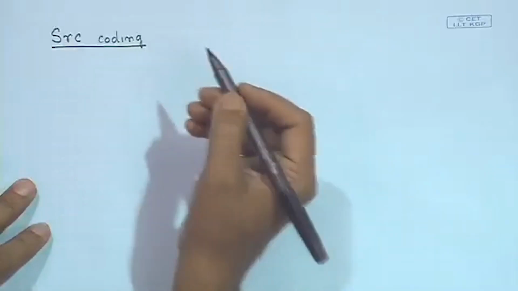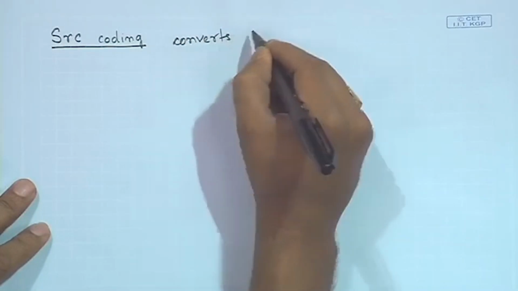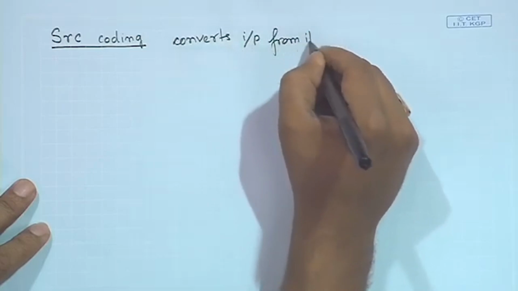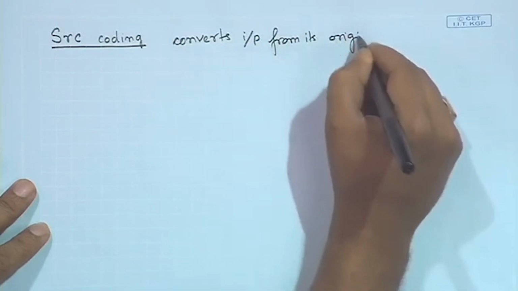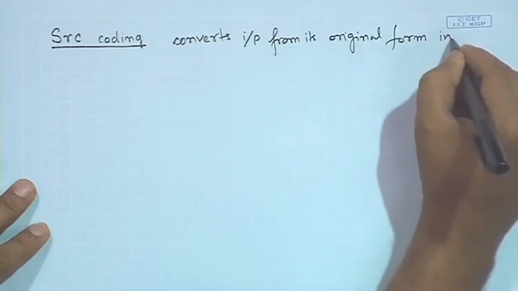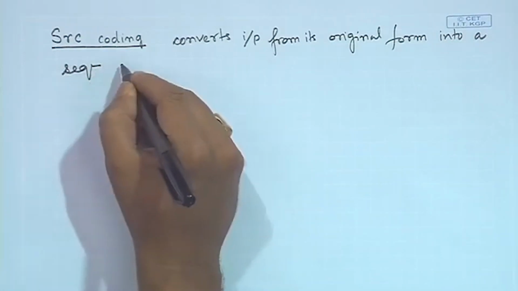We now proceed further and look at the different components. The first thing which comes out of the source and goes into the first block of a communication system is the source encoder. So, when we talk about the source coding, it basically converts the input from its original form into a sequence of bits.